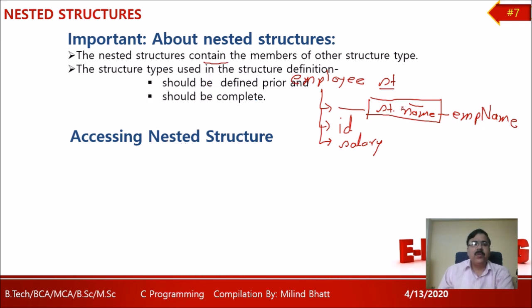The structure type used in structure definition should be defined prior and should be completed. Means structure has to be terminated by semicolon. This means completed. And before creating a member in a structure, the earlier has to be defined first.